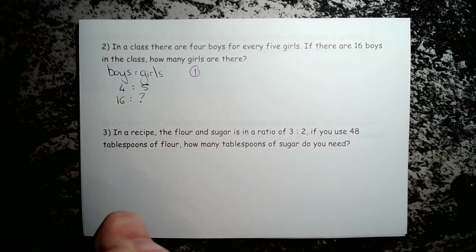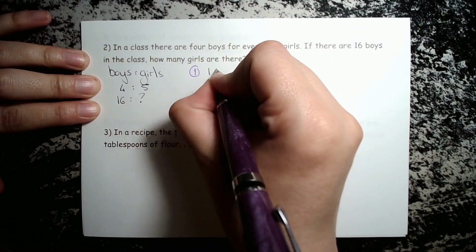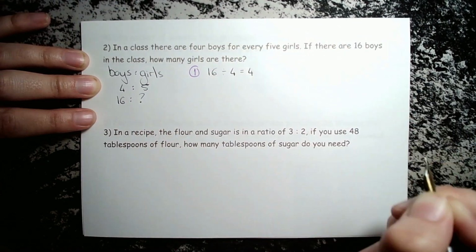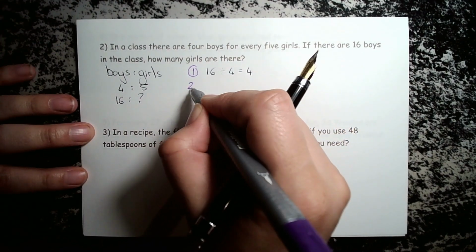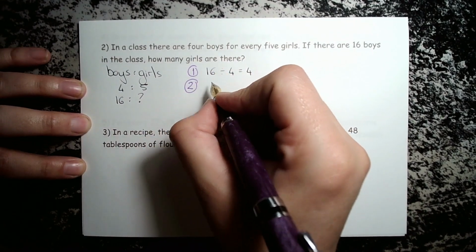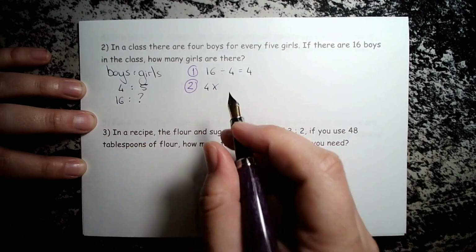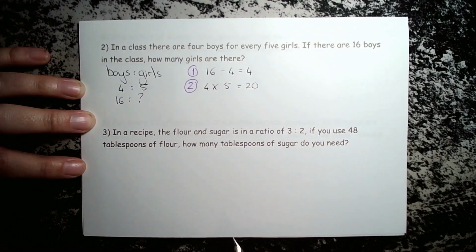Step 1. Divide the given number by the ratio unit it represents. So 16 divided by 4 is equal to 4. Step 2. Multiply that 4 times the unit value that we are looking for, times 5, equals 20.